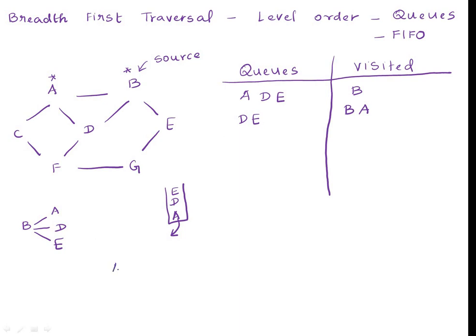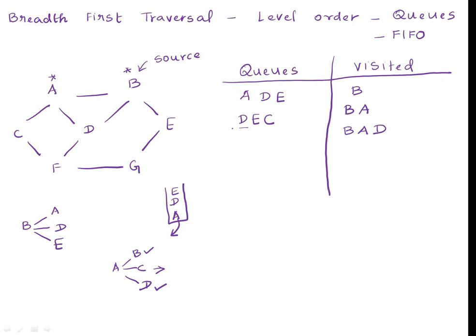A has degree 3. A is connected to B, A is connected to C and A is connected to D. Out of these three values, B is present in the visited category and D is present in the queue. The only new value I need to update is C. So C gets updated. Retain the previous value and dequeue the first value.